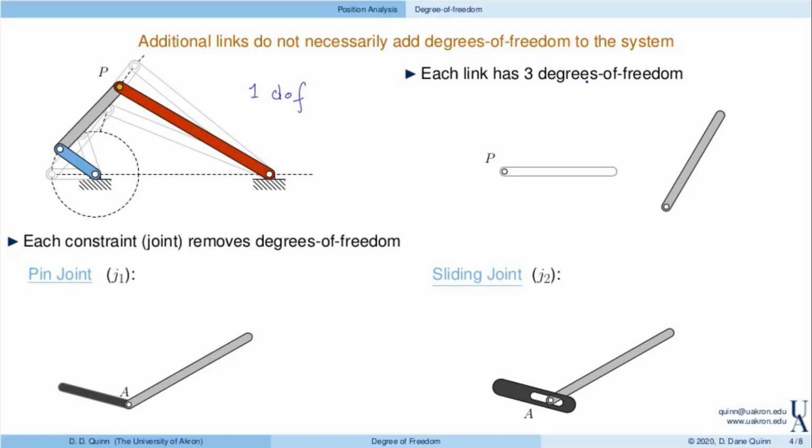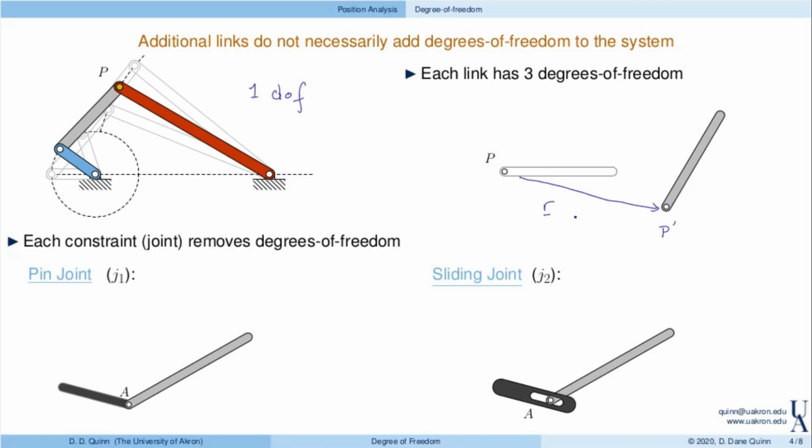So each link that we introduce adds 3 degrees of freedom. So here, let's say this light link is the starting point, and then I move this link over to this new position. So basically P moves to some new position P prime.